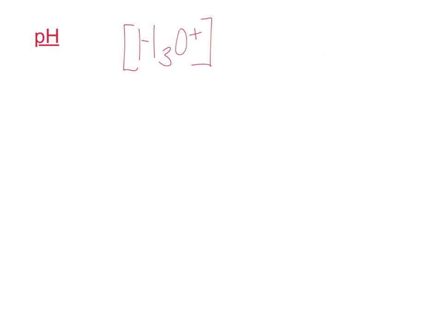Now remember, we already talked in class about how when you have a neutral solution, you have a solution that has equivalent concentrations of the hydroxide ion and the hydronium ion.